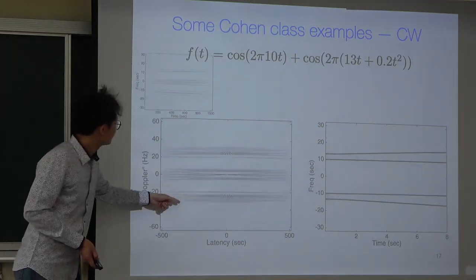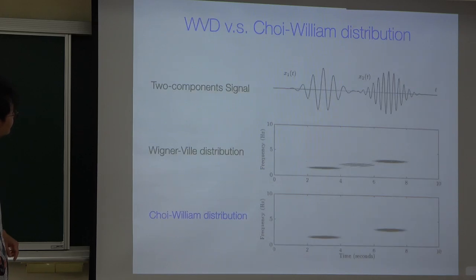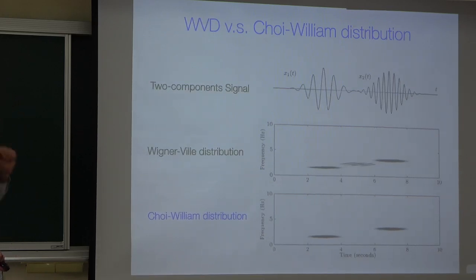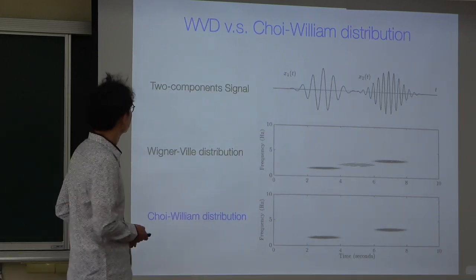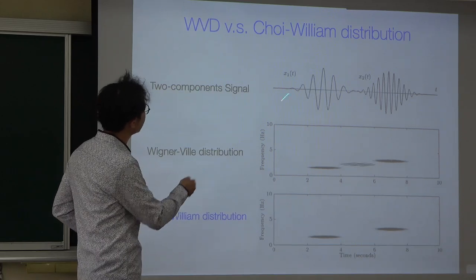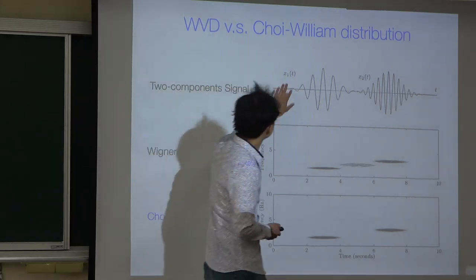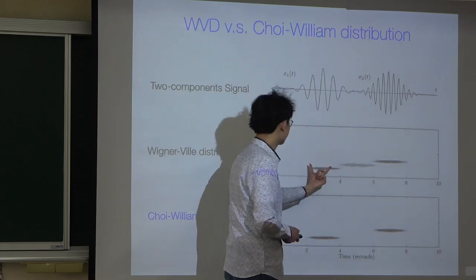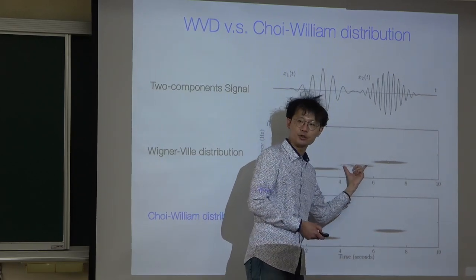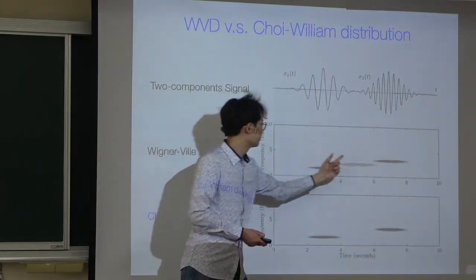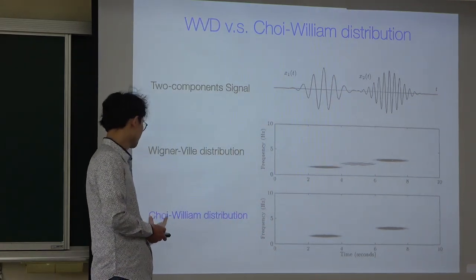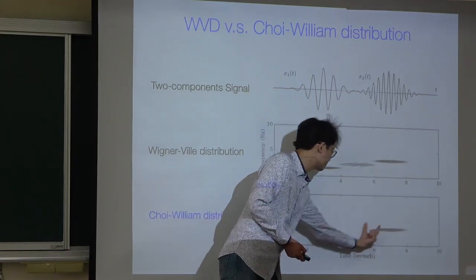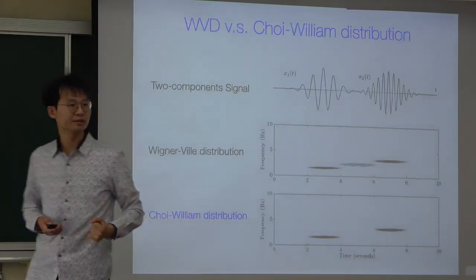And this is the ambiguity function. You can also compare the Wigner-Ville distribution and the Choi-Williams distribution. If you have two components, x1 and x2, you can see there's an interference as I showed you before. And if you run the Choi-Williams distribution, you get the two components recovered quite nicely.